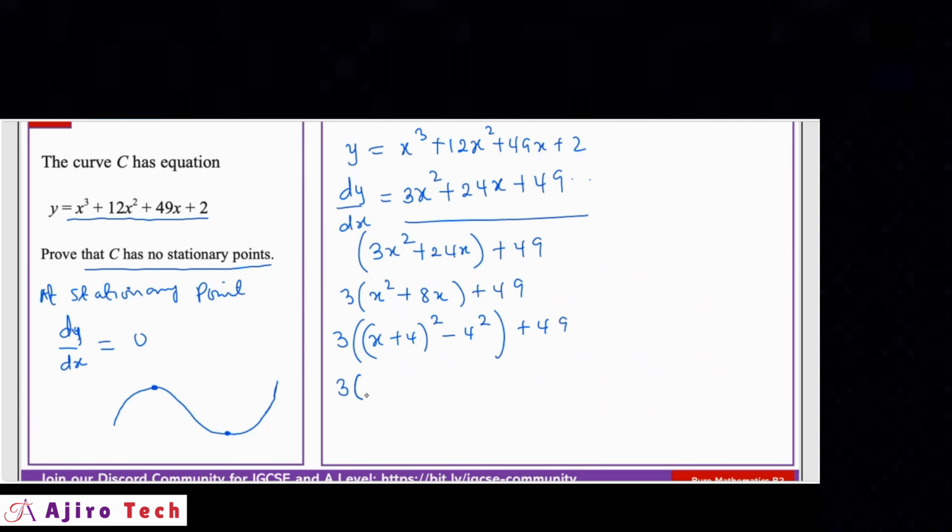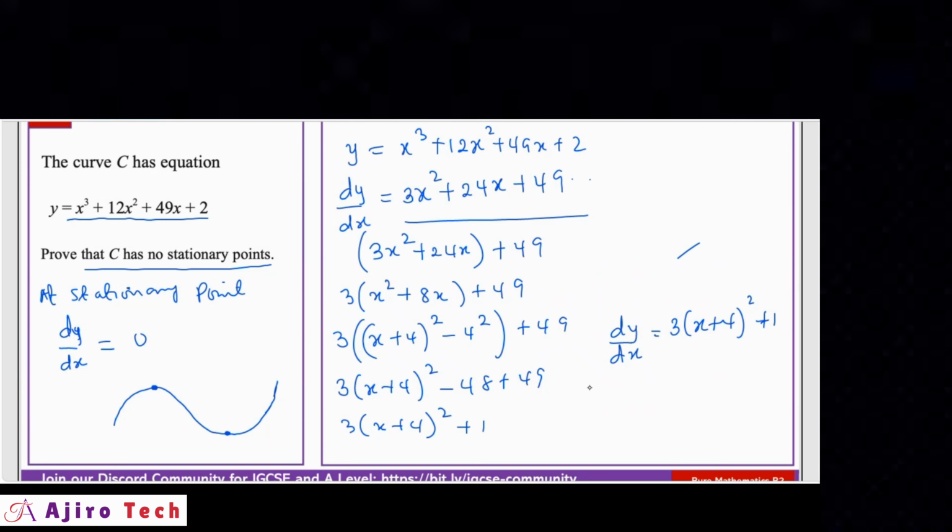So this is 3 into x plus 4 all squared, minus 16 times 3, that will be minus 48, plus 49. So we have 3 into x plus 4 all squared plus 1. So our dy/dx is 3 into x plus 4 all squared plus 1. Looking at this, there's no value of x at which this will be equal to 0.